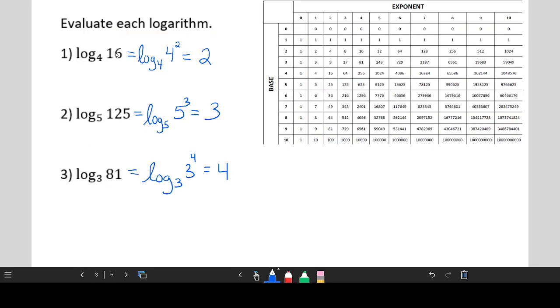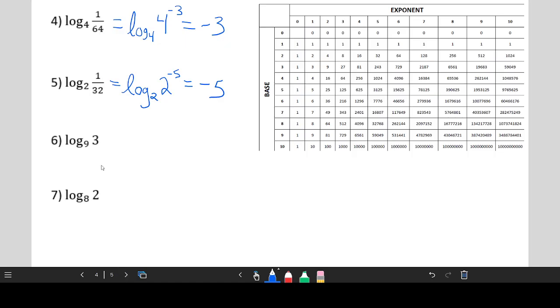Right? 4 was less than 16, 5 was less than 125, 3 was less than 81. Now, the base is greater than the input, but they're both greater than 1, so no reciprocals involved here. But since the base of the log is 9, we need to write 3 as 9 to an exponent.